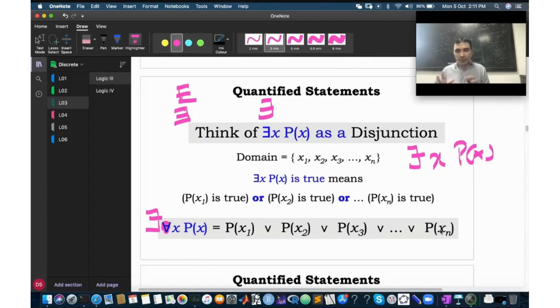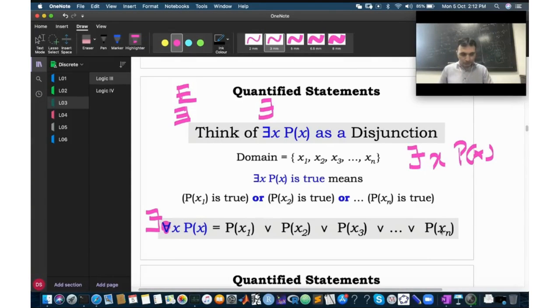The statement becomes true whenever there is at least one instance of the variable for which the statement is true. Then the or statement becomes true, right? So the or statement is true when only one of the instances makes your statement true.